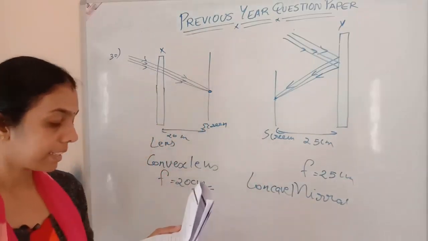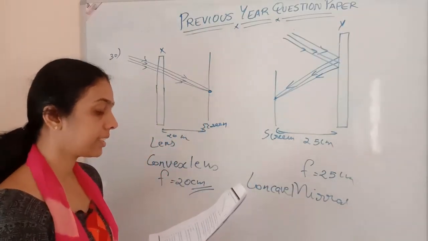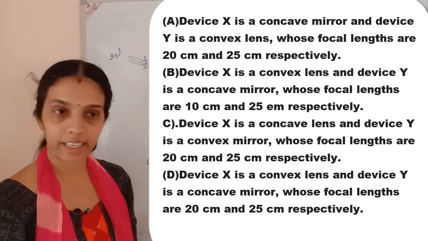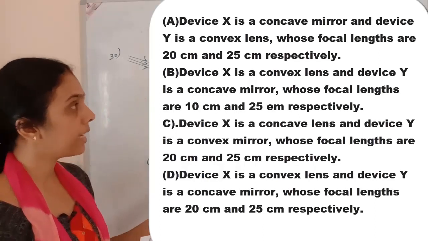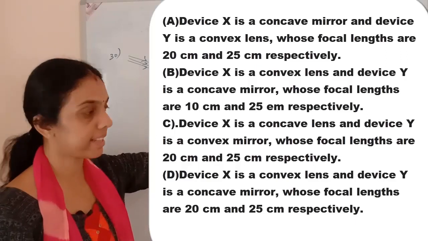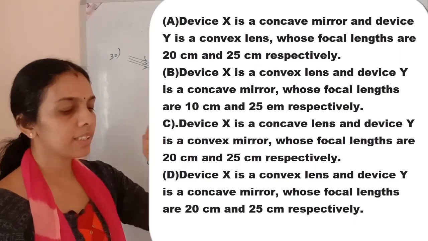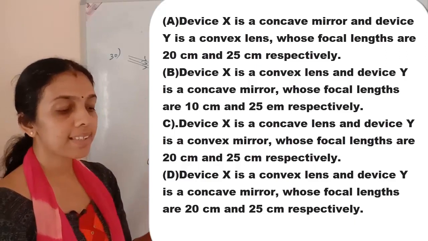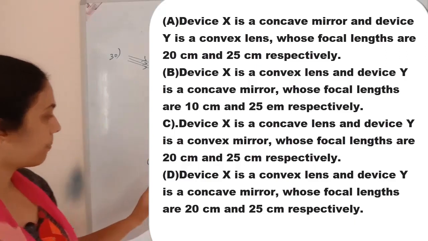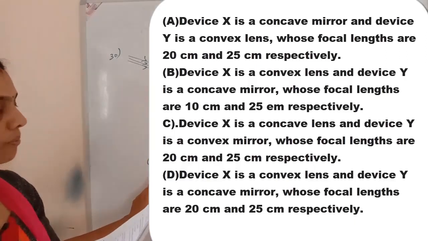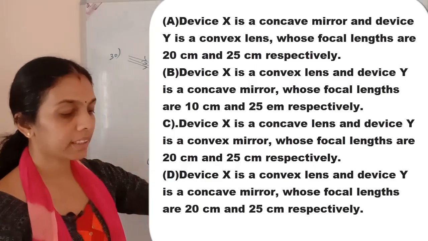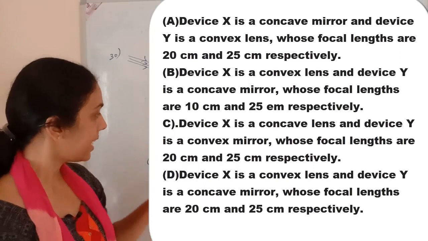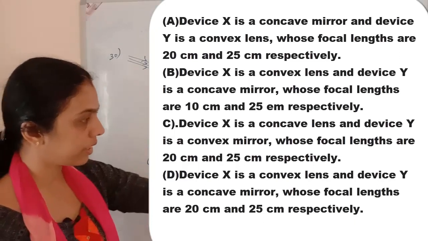Now I will find out which is the correct answer. The first one I read out already: concave mirror for X and convex lens for Y, so it is wrong. In the second, device X is a convex lens, correct, and Y is a concave mirror, also correct, whose focal lengths are 10 centimeter and 25 centimeter.